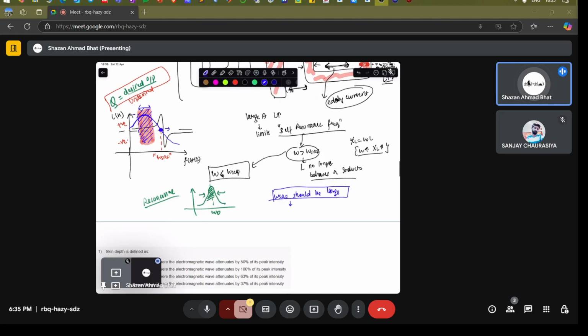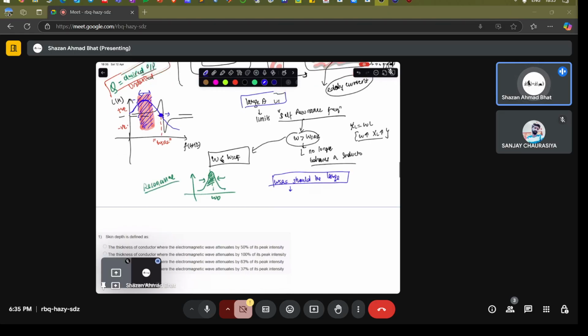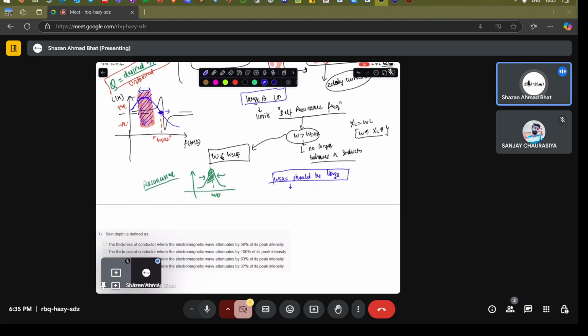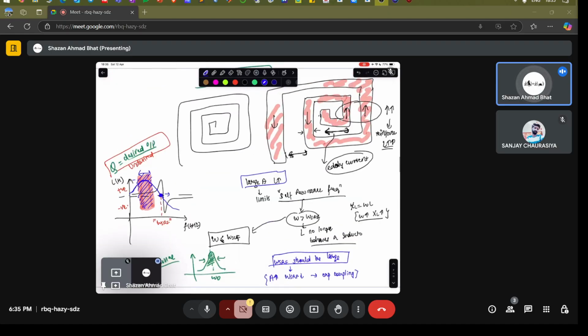Just like I told you here, if you have a large area of an inductor, it limits the self-resonance frequency. That means if you go on increasing the area, the self-resonance frequency reduces, and you have the capacitive coupling coming into the picture. Why does the capacitive coupling come into the picture?